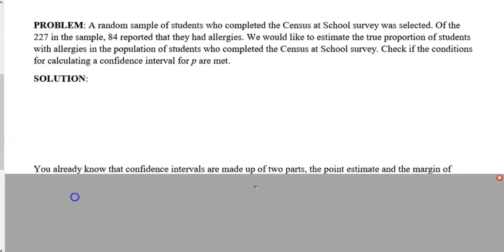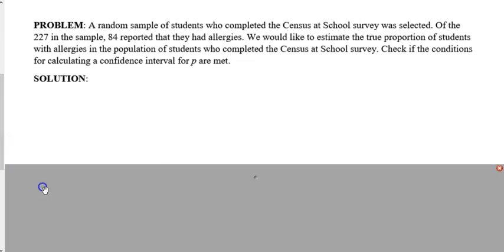So, problem. Random sample. Right off the bat, that's important. Okay? We know it's random. As long as it's random, we're good to go. Now, it says, of the 227 sampled, 84 said they had allergies. Okay? So 84, remember the fraction bar means out of, 227, that's your proportion. 84 out of 227.